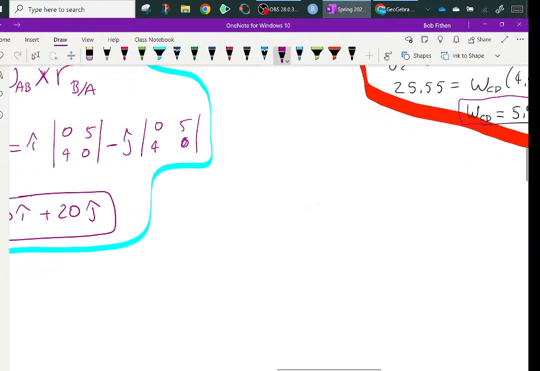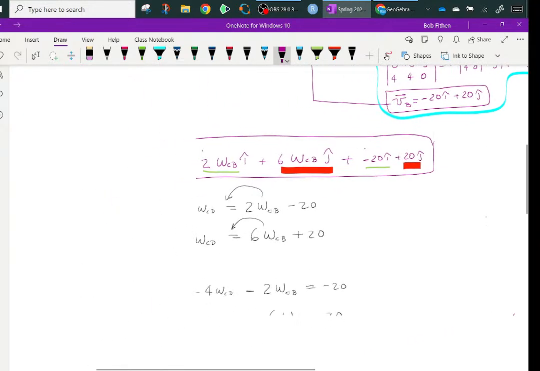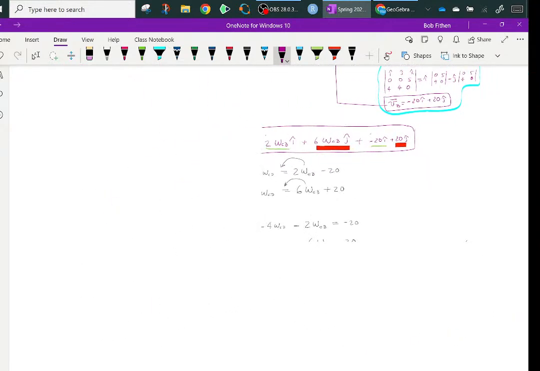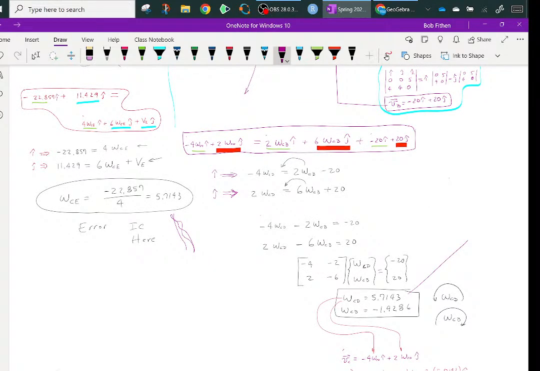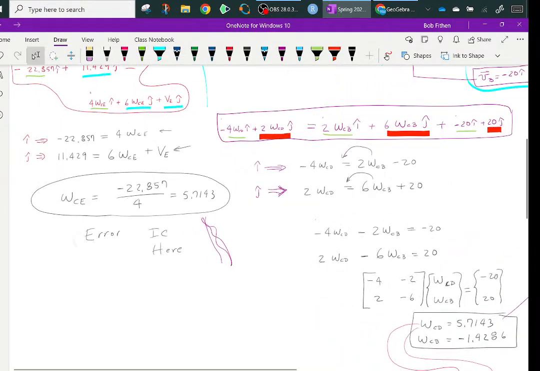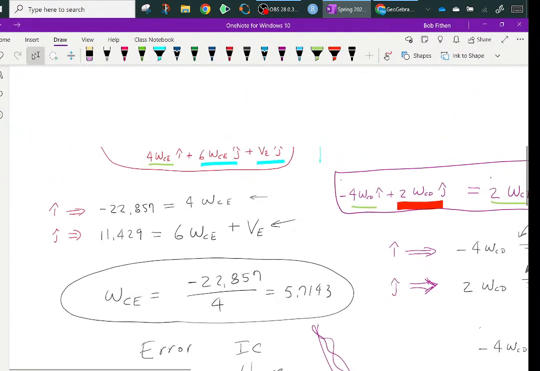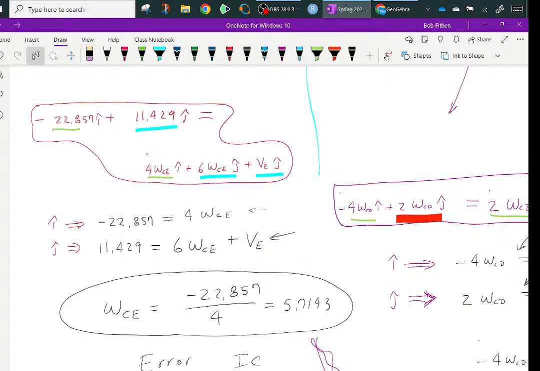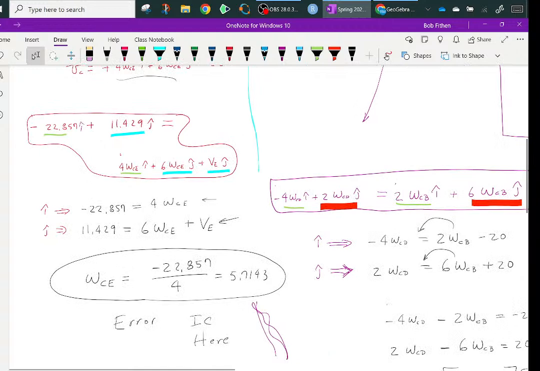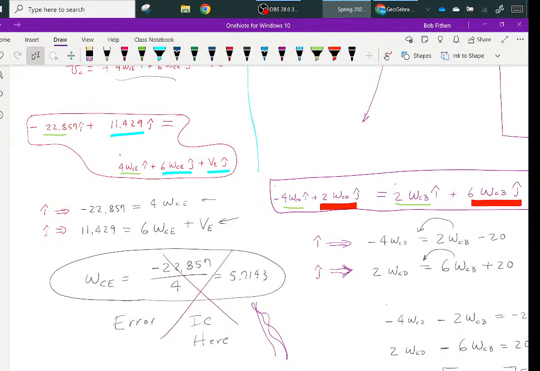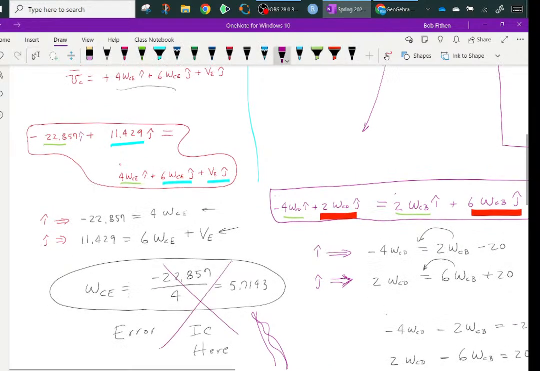Do I get omega C? I don't think I got that. Yeah, see, I did not get that. So I'm a little bit more trusting of the instant center at this point. So I need to figure out what happened here in order to get there.